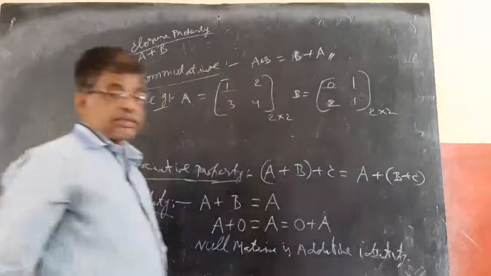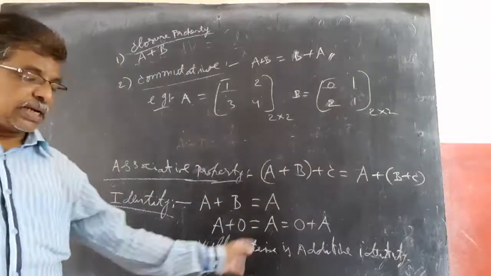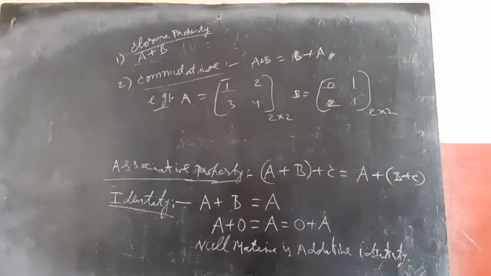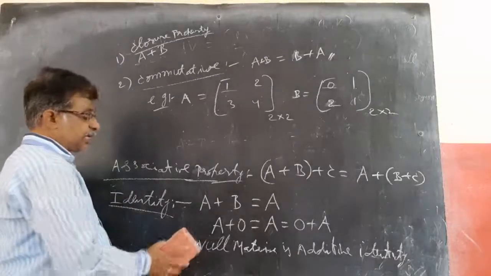If you add 0 to anything, you will get the same matrix. So that is called as additive identity.